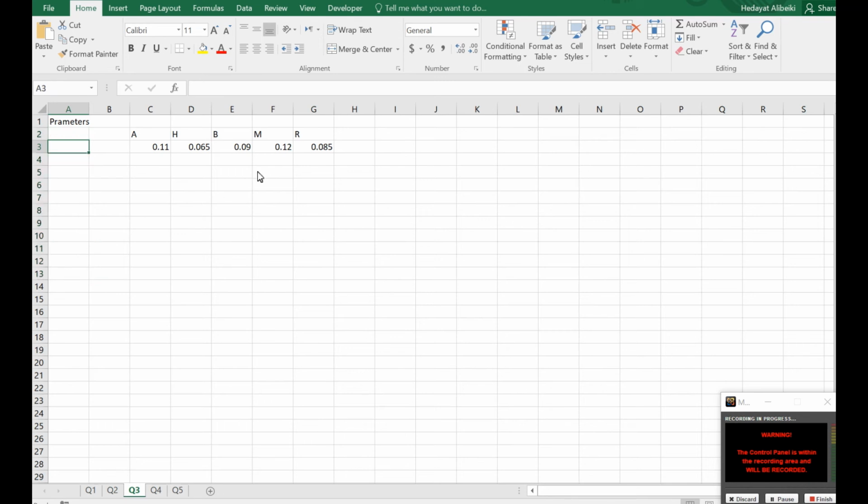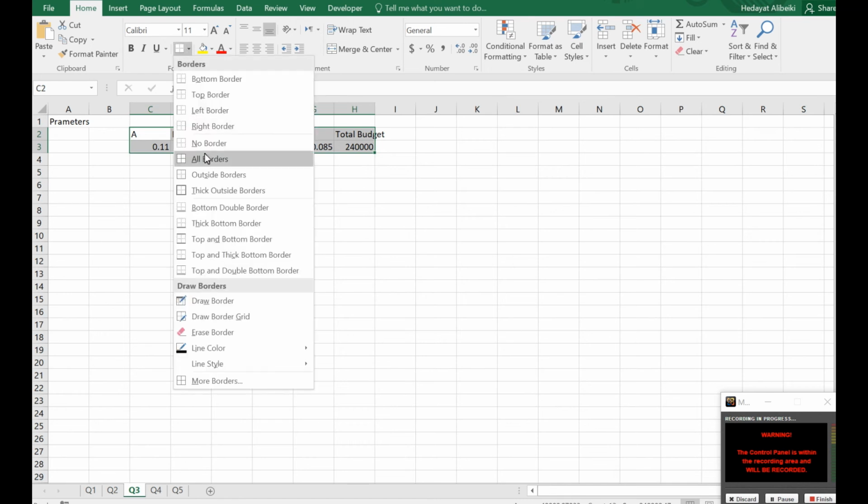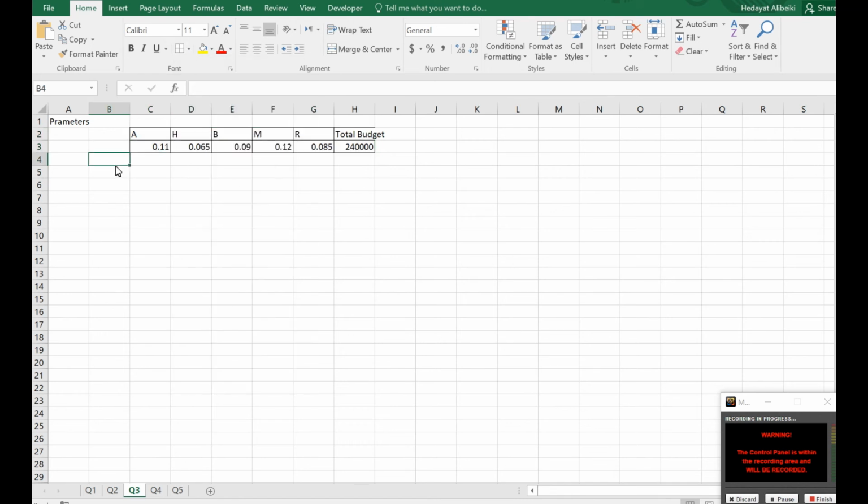And then we have a total budget, which is $240,000. So this is our set of parameters, and then the decision variables.